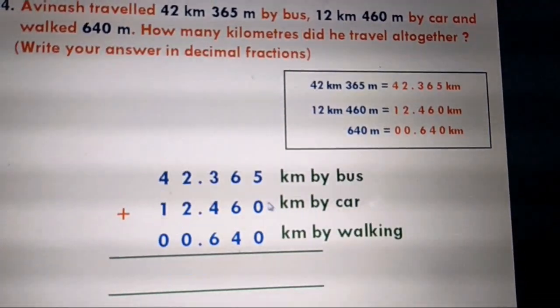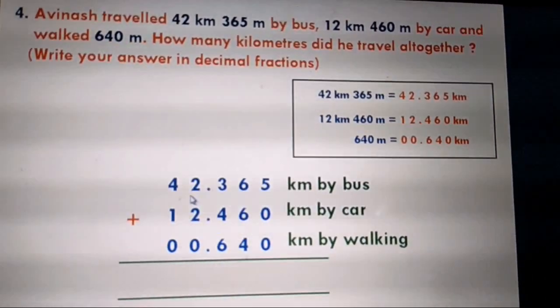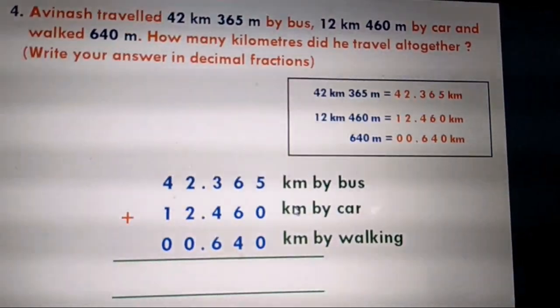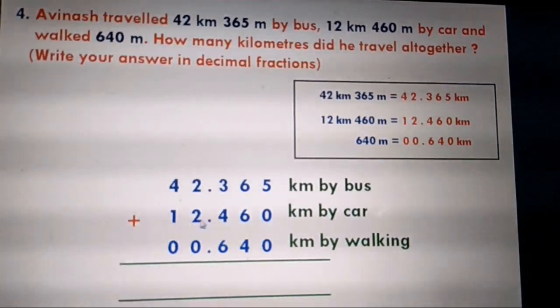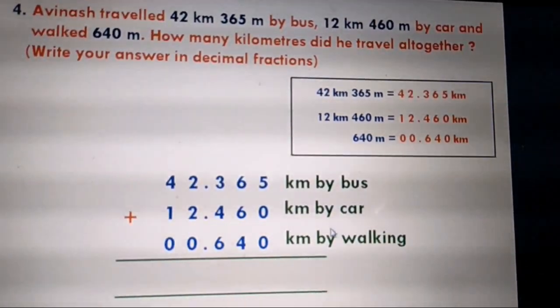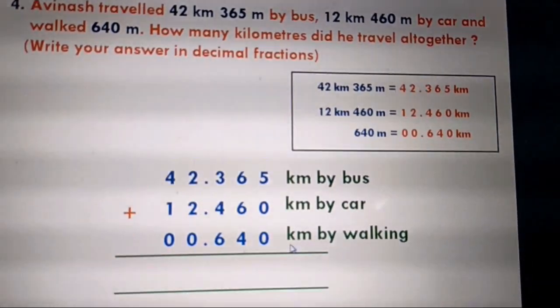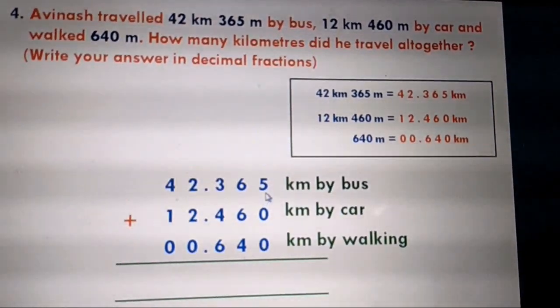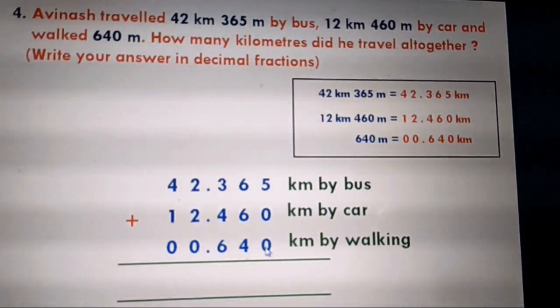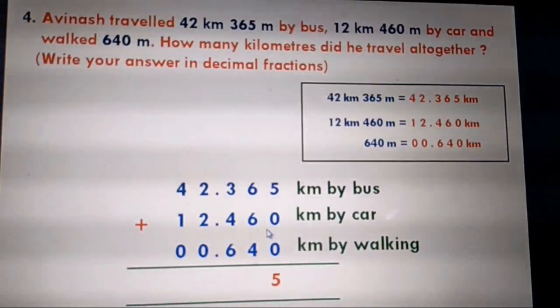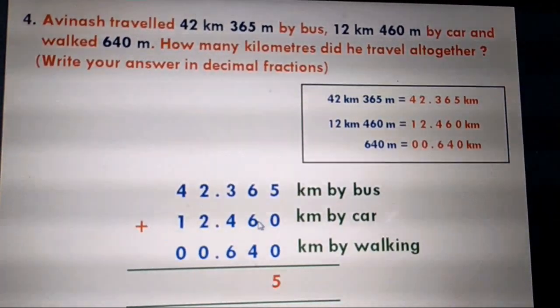Correct? First one by bus 42.365 kilometer, then by car 12.460 kilometer, and then by walking 0.640 kilometer. Right?